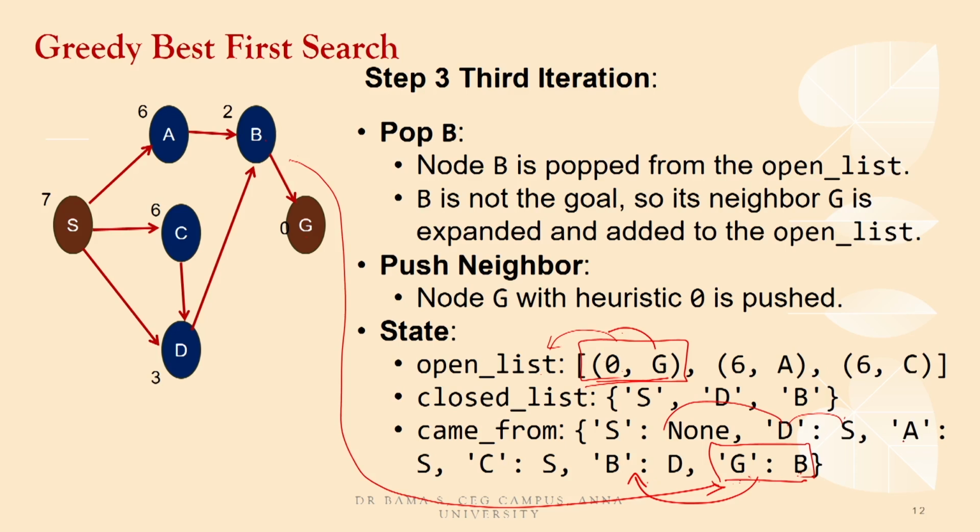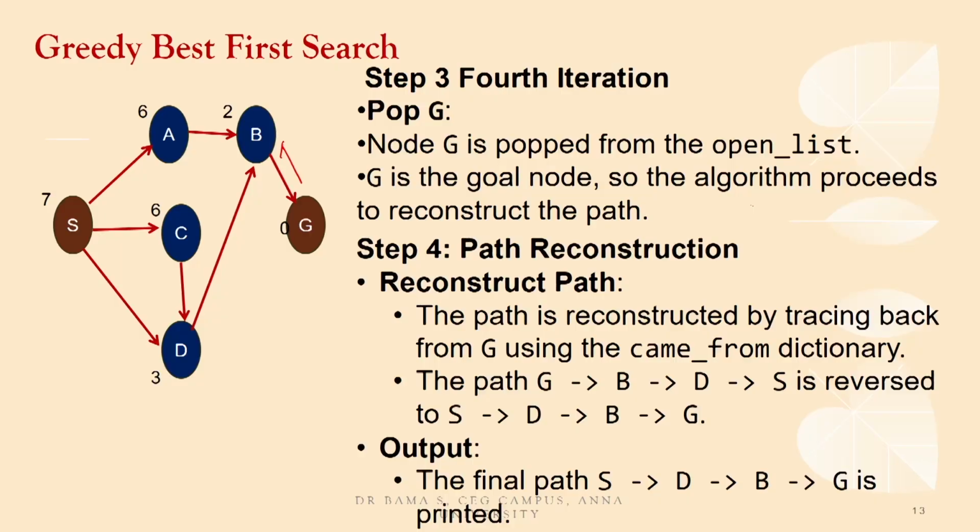Okay, it would go through A S. This is the entire path of it, but from this dictionary the path will be reconstructed as G, B, then D, then S.